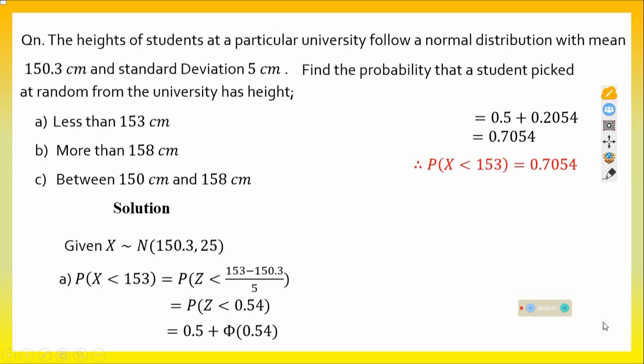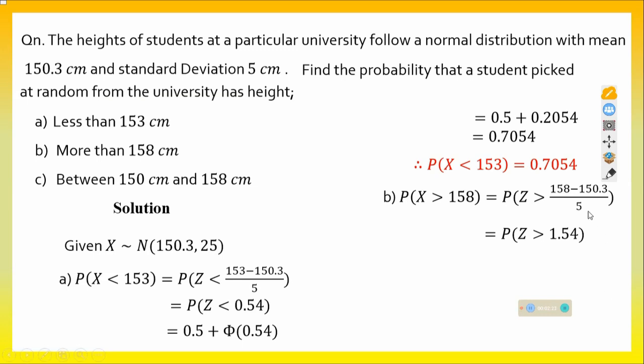Let us talk about P of x greater than 158. We shall do the same. P of x greater than 158, standardize. After standardizing, simplify your expression. 158 minus 150.3 divided by 5 will give us 1.54. This is greater, so we shall subtract the table reading: 0.5 minus table reading of 1.54.